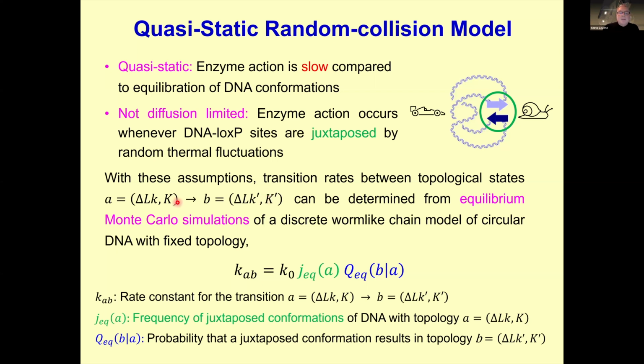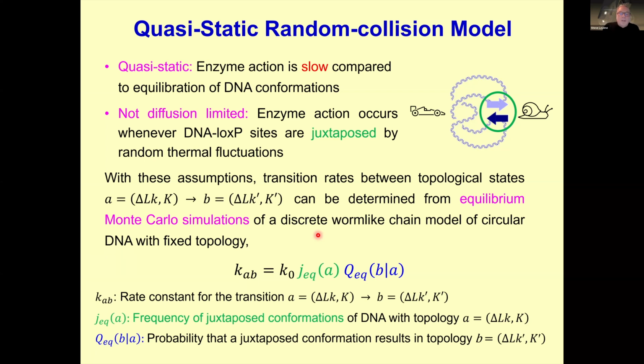And the sampling of those transitions occurs through an equilibrium Monte Carlo simulation that uses a model we've used, as I said, for a long time, where you have a discrete worm-like chain that models the trajectory of the supercoiled and knotted DNA's duplex axis.